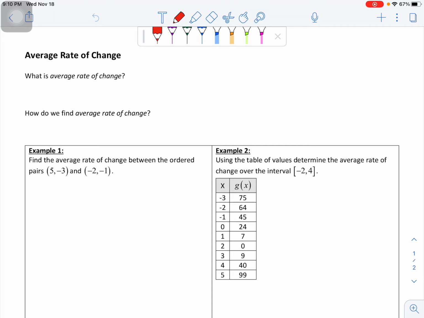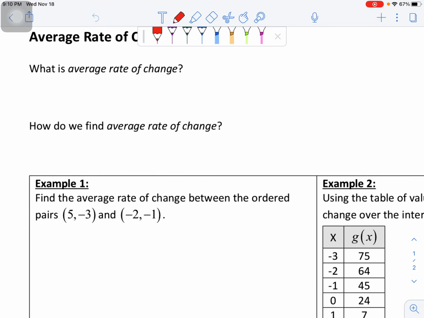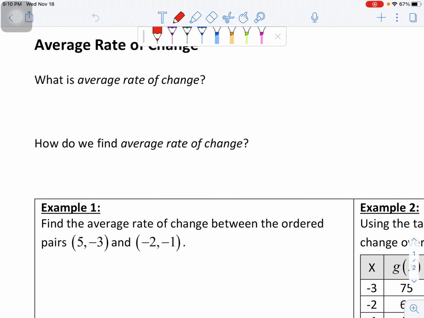In this video we're going to talk about average rate of change, and we're going to start by answering what is average rate of change.